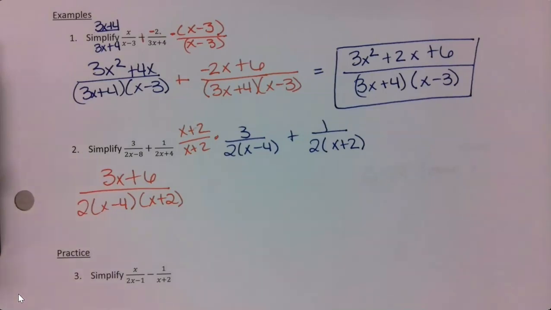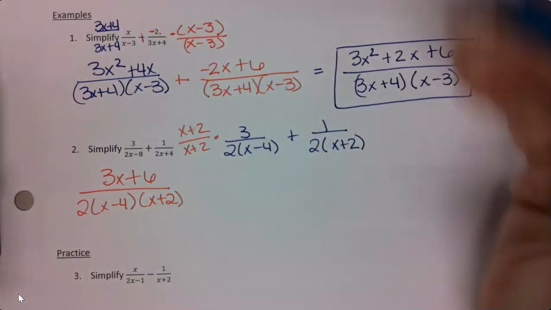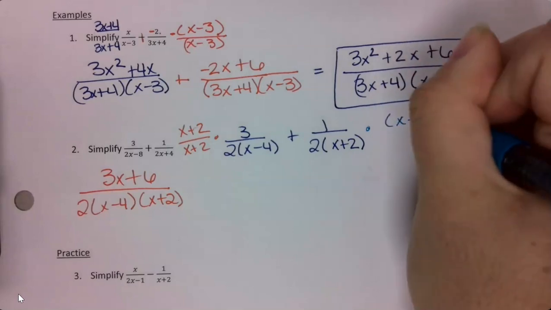Okay. Then on my second term, this one is missing the x minus 4. So I'm going to multiply my numerator and denominator by x minus 4.